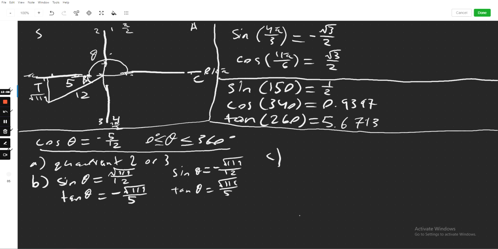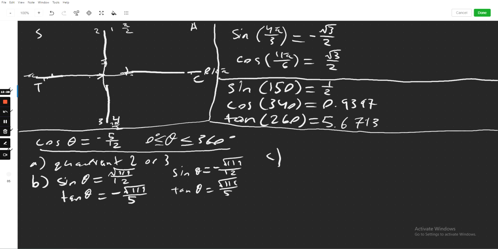And then moving on to C, this is saying evaluate all possible values of theta to the nearest degree. First we'll clear up the board and we'll do this question. So all possible values of theta, remember theta will always be from the angle 0 all the way to the terminal arm.